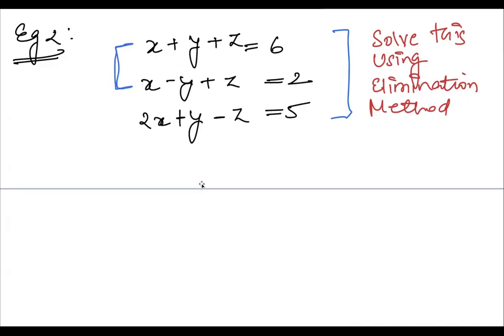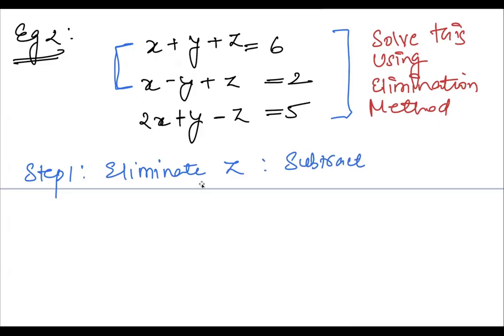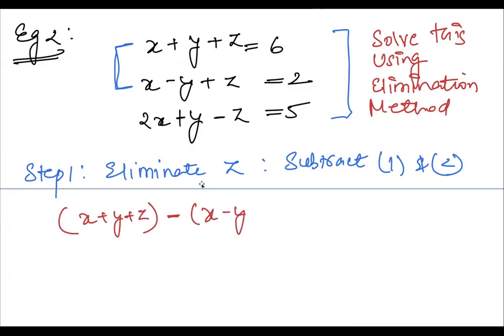I'll first eliminate z. How can I do that? By subtracting the first equation and the second equation. So what will I get? x plus y plus z minus x minus y plus z is equal to 6 minus 2.